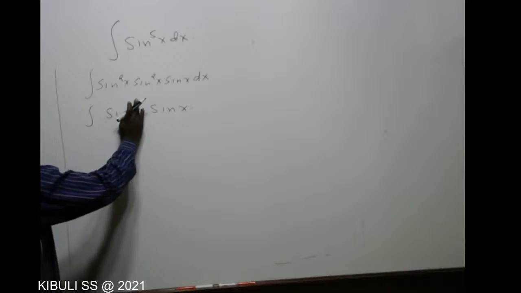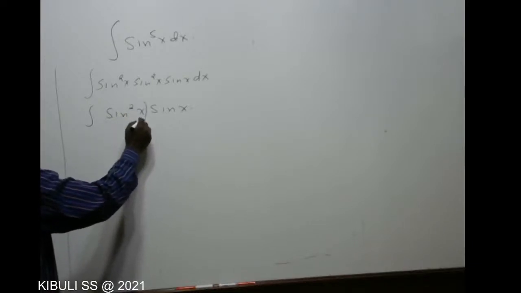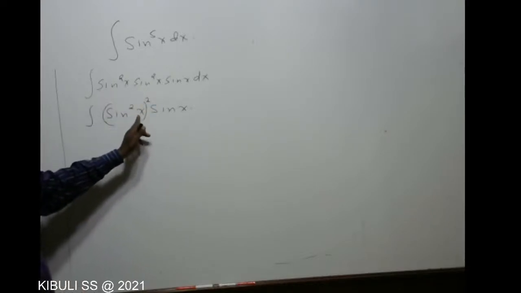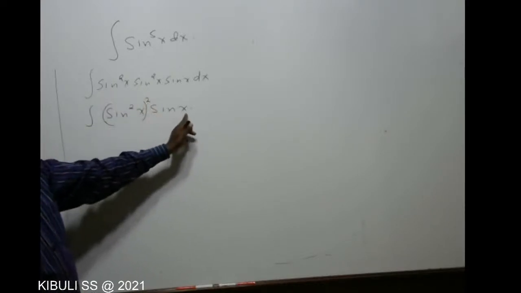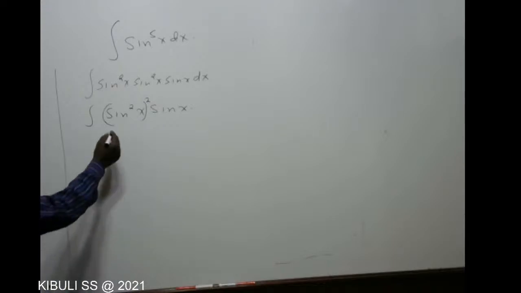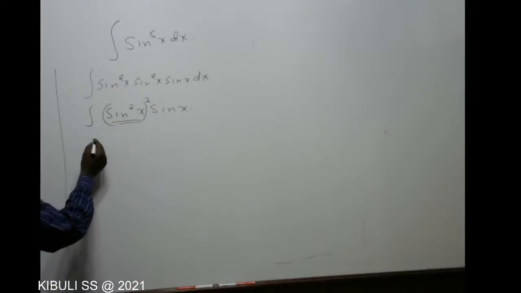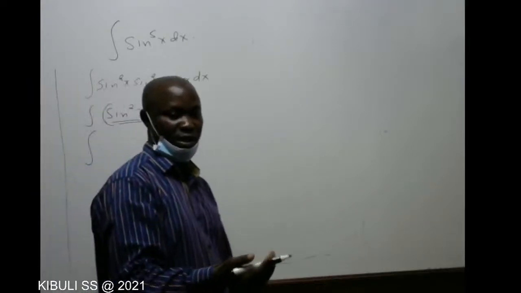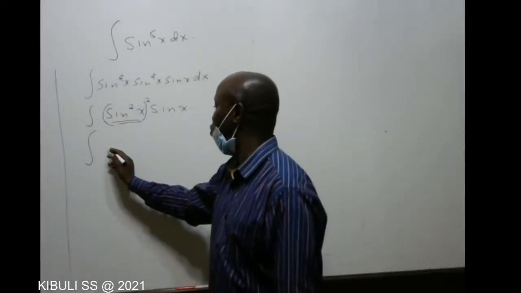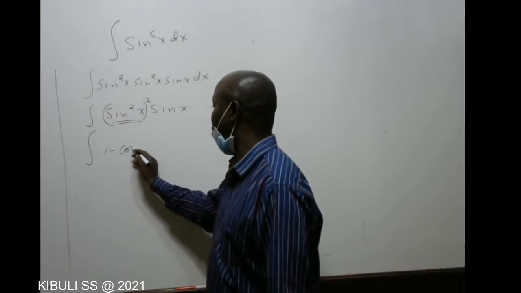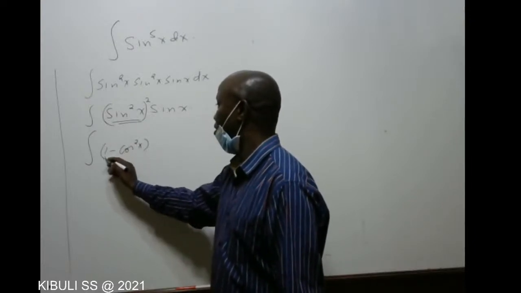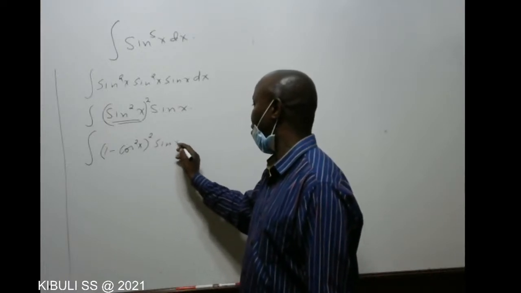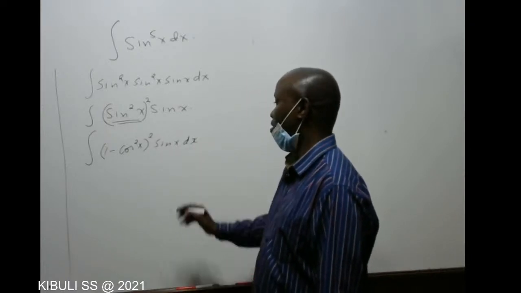I can just have this sine squared, then square. That means sine squared x, then square, times sine x. Pythagoras will give us this answer very fast. Sine squared x means 1 minus cos squared x. So this is going to give us 1 minus cos squared x, all squared, sine x dx.